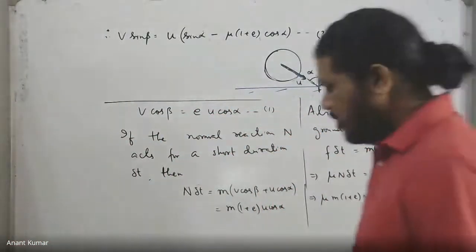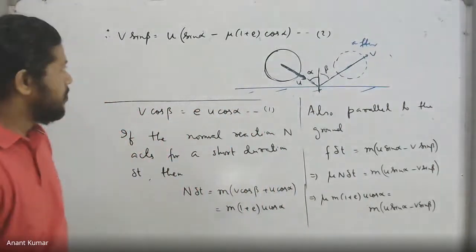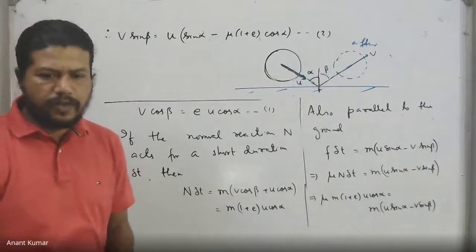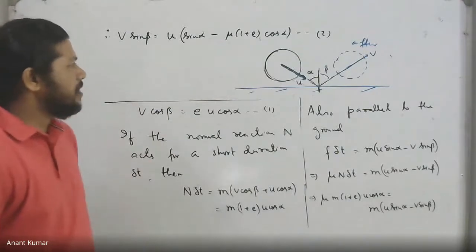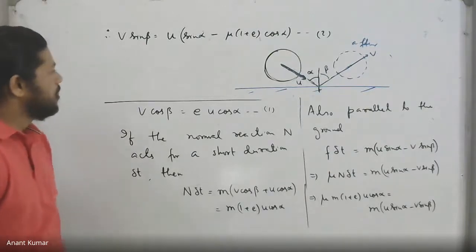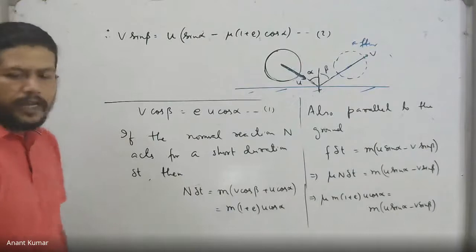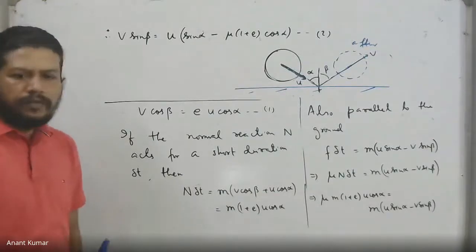But one thing you can see from here is that if the collision has no friction, then mu turns out to be 0, and dividing will give us that tan beta is the same thing as tan alpha by e.